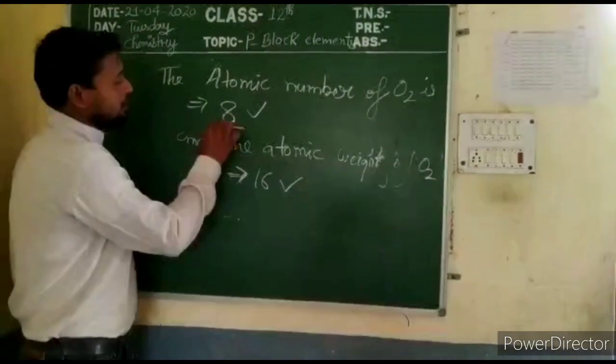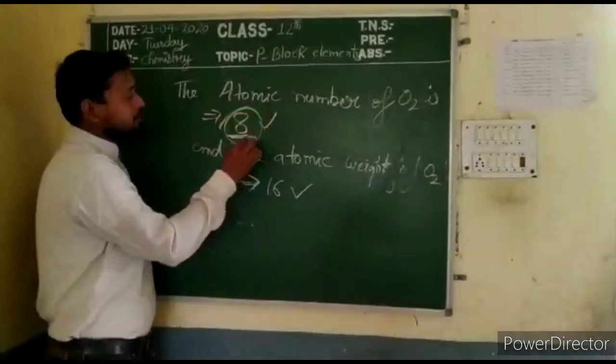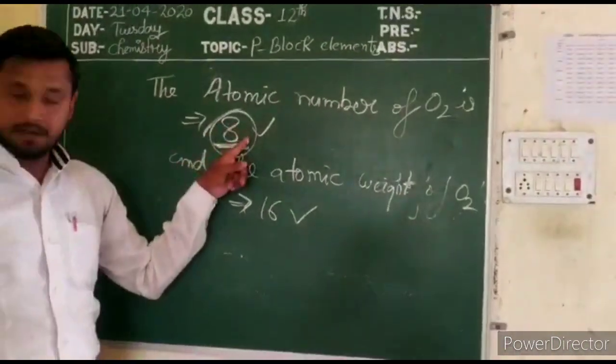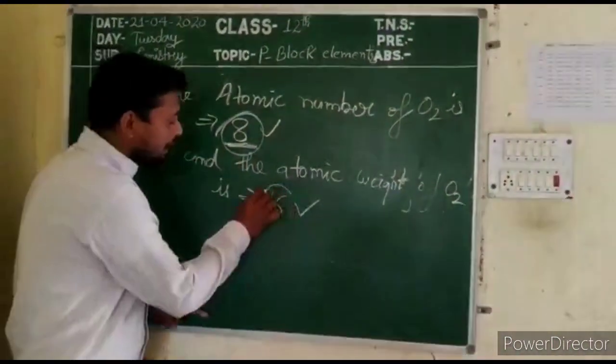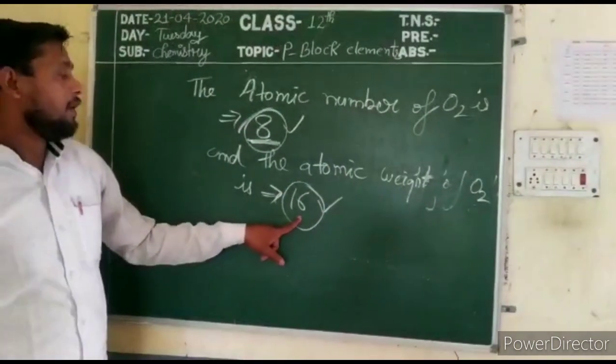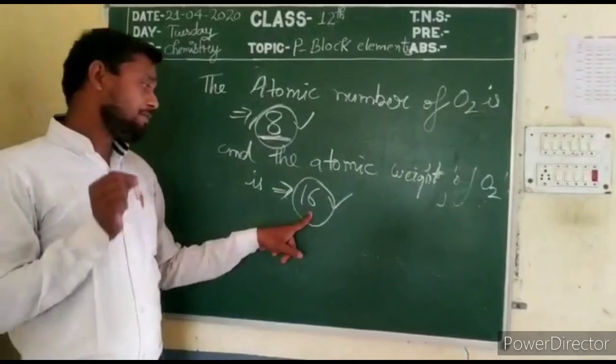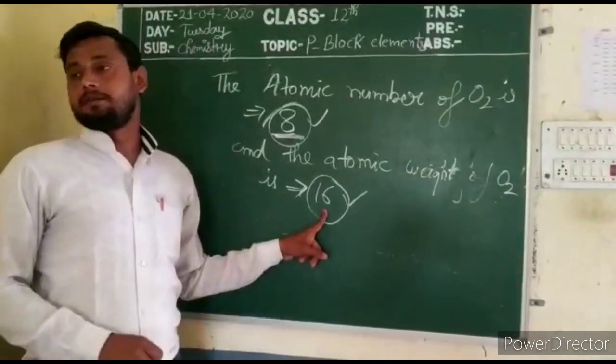Here the atomic number of O2 is 8 and the atomic weight of O2 is 16. The atomic number includes the number of electrons in the oxygen atom, and the atomic weight includes the number of electrons as well as protons and the number of neutrons.